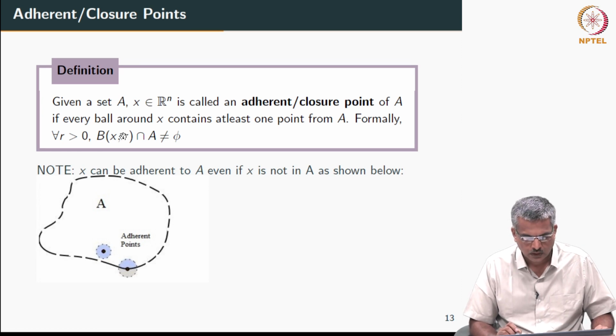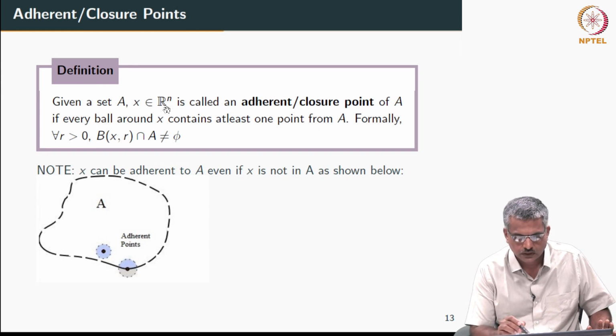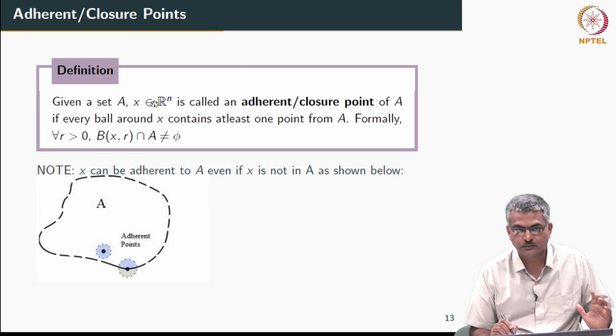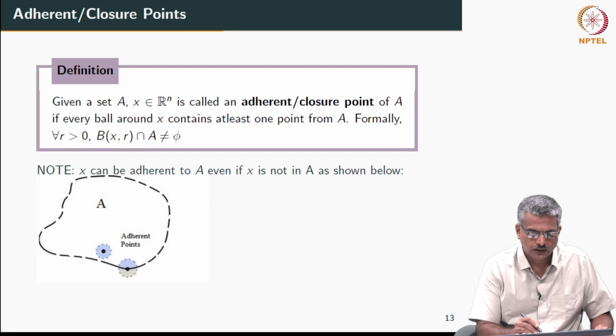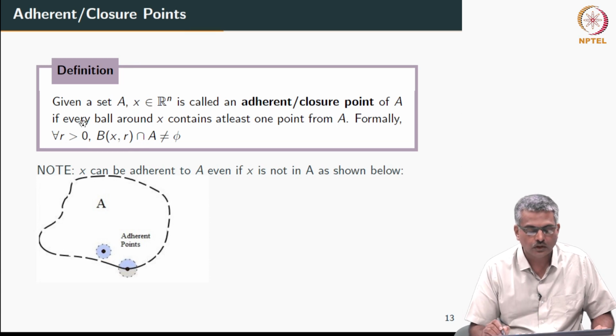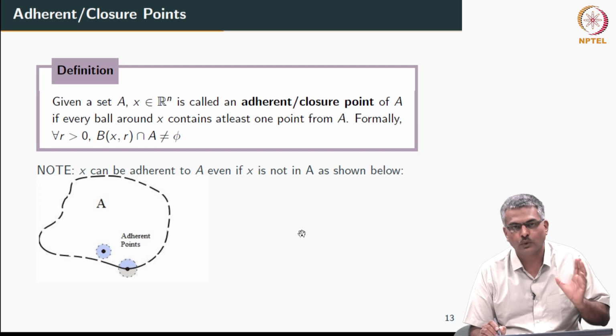So, here the key points are that x need not belong to the set A, x is a point in R^n, and you have to show that every ball around x contains at least one point from A, unlike the notion of interior point where we had to just come up with one ball.